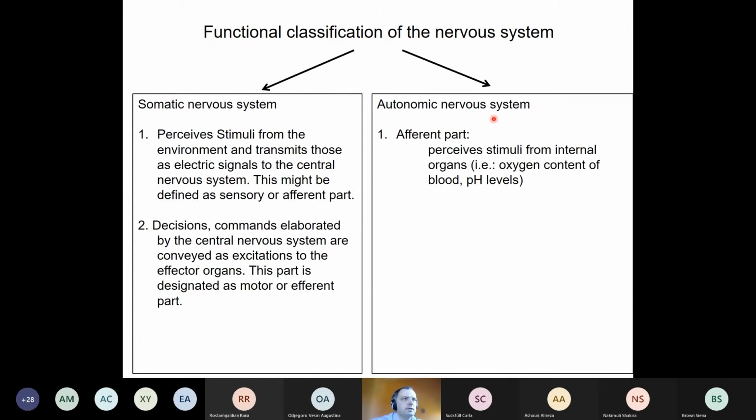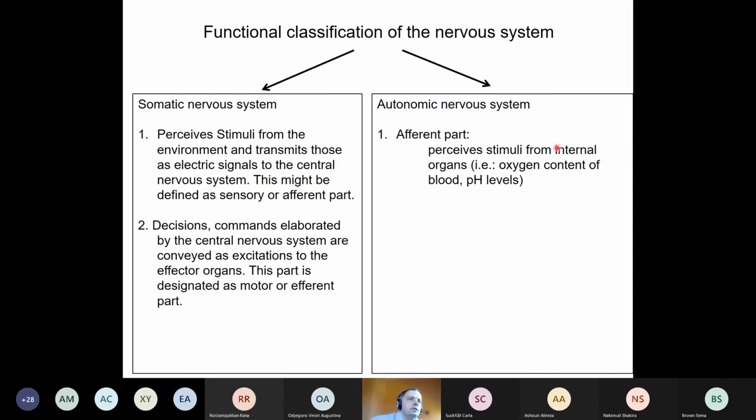This part of the nervous system has also an afferent part, which perceives again the information, but most of the times this information comes from internal organs, like the blood pressure, the stretching of the vascular walls, the chemical signals from the blood, like pH level, oxygen content of the blood, carbon dioxide content of the blood, or how much food you have at the moment in your bowels during your digestion.